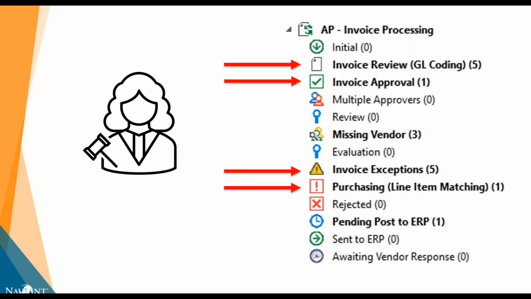Here are a few examples where human judgment needs to be gathered. This means the workflow has to stop and wait on somebody to interact with it before it can proceed. Maybe we need to decide which account we want to use, or whether or not the purchase met our needs, or we have some sort of an exception that we just need to sort out before we can process this any further.